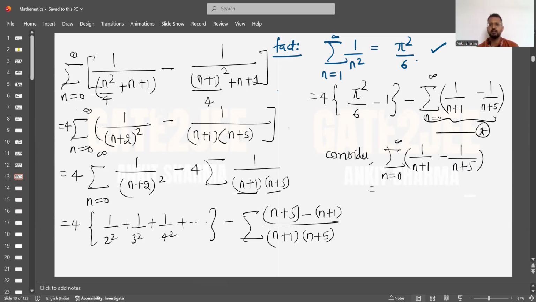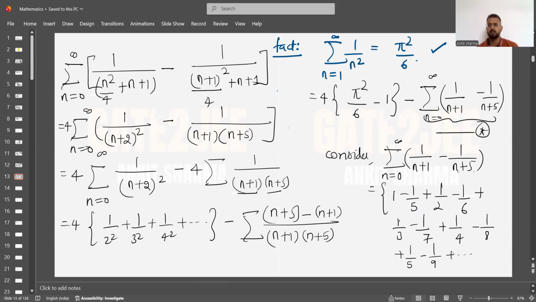So let's plug in the telescoping thing. n equal to 0 you plug in, so 1 minus 1 over 5, plus, when I plug in 1, I get here 1 over 2 minus 1 over 6. And then plus, plug in 2, so 1 over 3 minus 1 over 7, and then plus 1 over 4 minus 1 over 8, plus 1 over 5 minus 1 over 9, and so on.